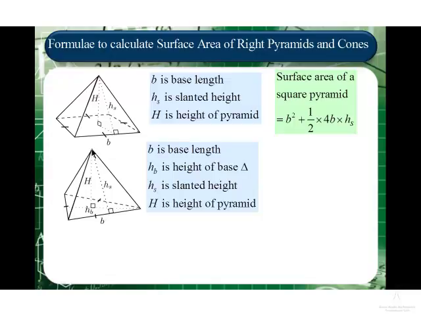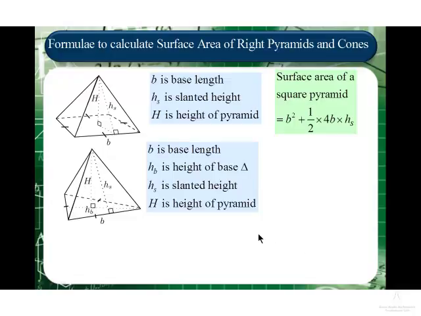So if you drop from the apex a perpendicular line onto the midpoint of one of the three sides of the equilateral triangular base, then we have the slanted height h sub s. Capital H in this case will again be the height of the pyramid as a whole. That will be the perpendicular distance from the apex down to the triangular base.